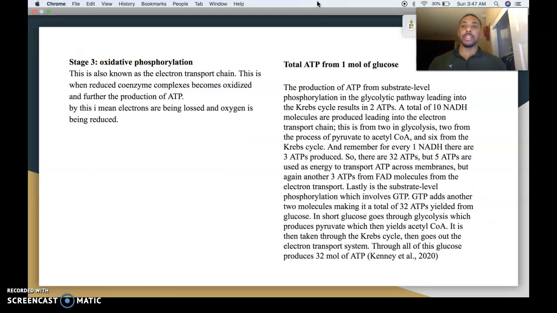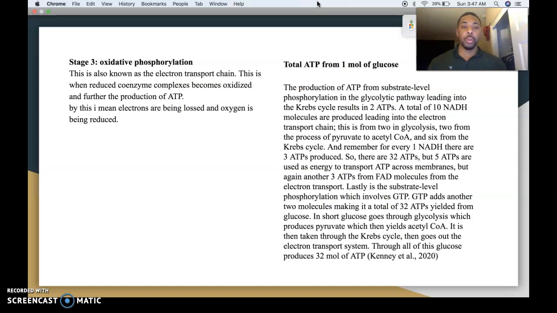The next step is oxidative phosphorylation. During this process, electrons are being passed on and oxygen is being reduced.